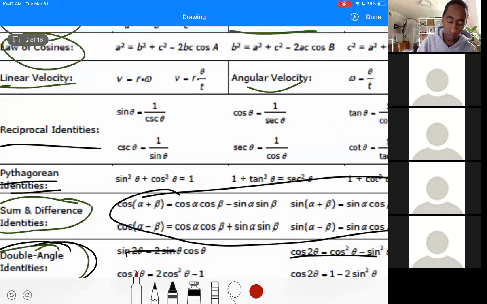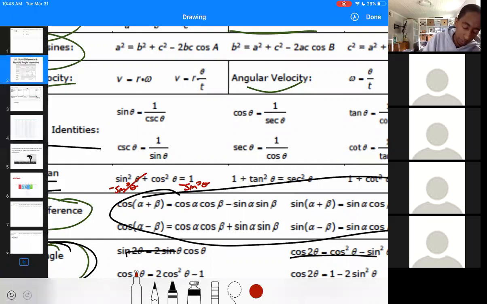And we can convert that. We can move cosine squared of theta over, and then we could say sine squared of theta equals 1 minus cosine squared of theta. Or we can move sine squared of theta over, and we could say cosine squared of theta equals 1 minus sine squared of theta. And that's what we're going to use to apply that here.